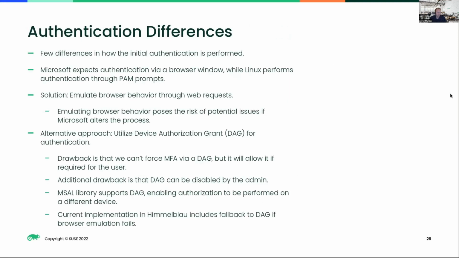So there are a few differences in how the initial authentication is performed. Microsoft expects authentication via a browser window, while on Linux, obviously, we expect authentication to go through PAM prompts. That's kind of tricky. So what I'm doing right now is emulating the browser behavior through web requests, POST and GET.